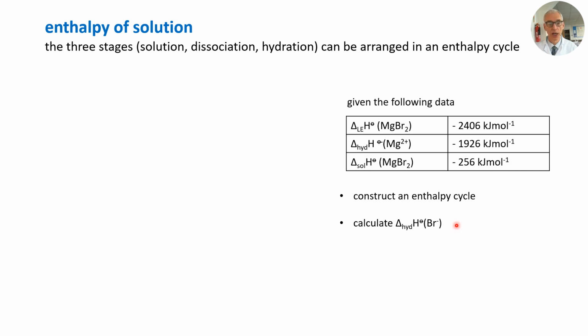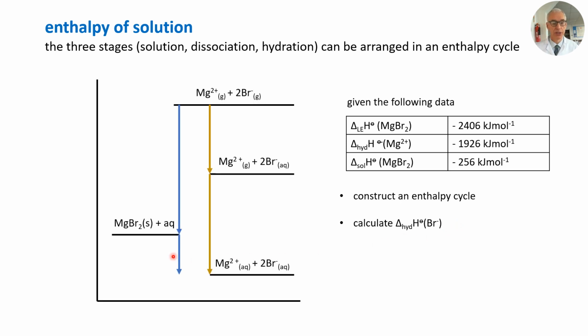Okay, so if I reveal the enthalpy cycle, and you'll notice that I've drawn it in the way that OCR Chemistry A A-level questions are generally constructed. That is, I've got the direction of change, magnesium and bromide gaseous ions to form the ionic lattice.